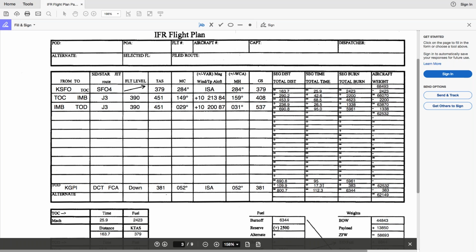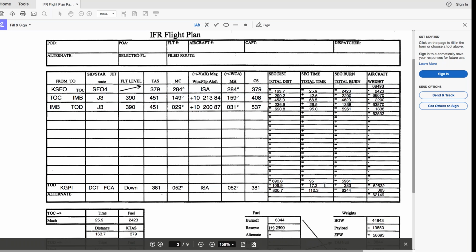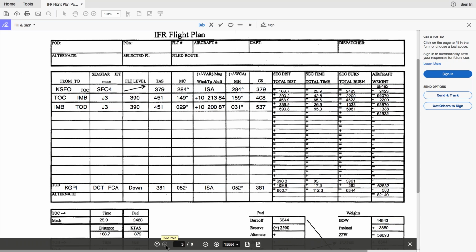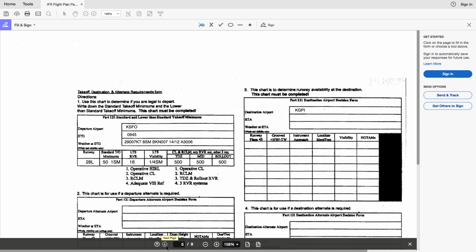So 945, that's just shy of 2 hours. That's 8 minutes short of 2 hours. 11:37. Okay. ETA 11:37 Zulu.